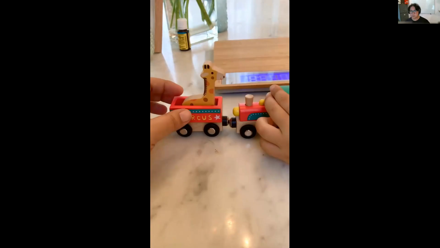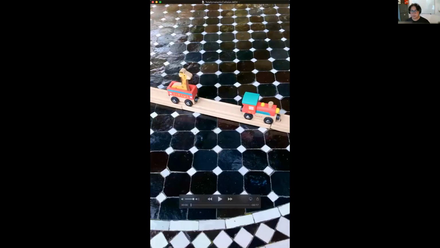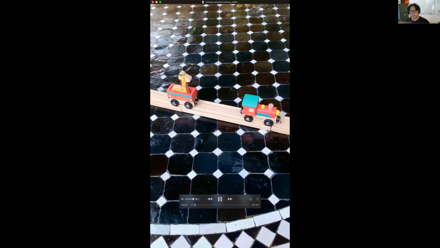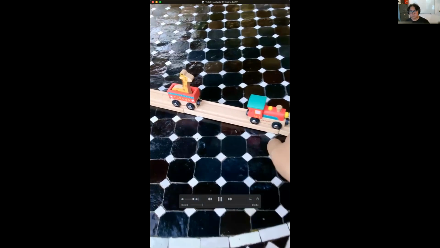I'll show you an example. Let's start with the totally inelastic collision. Here it's going to be the example. Totally inelastic collision.